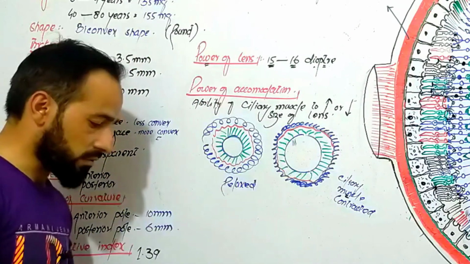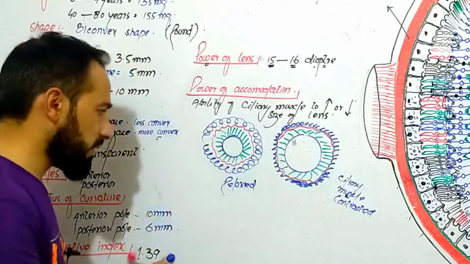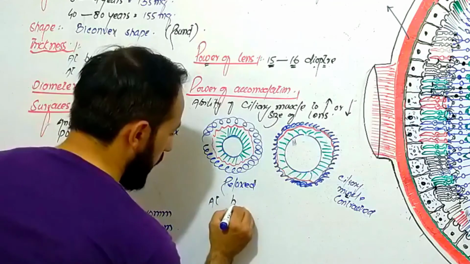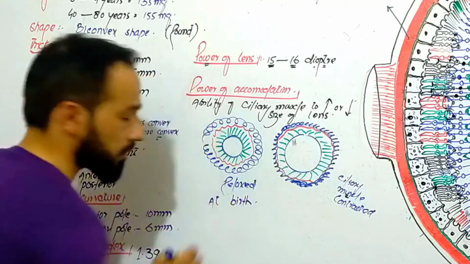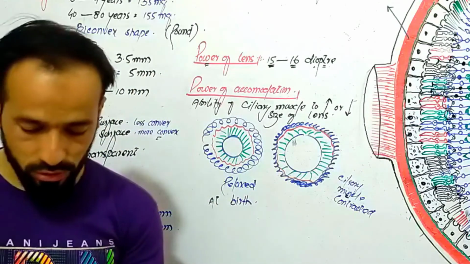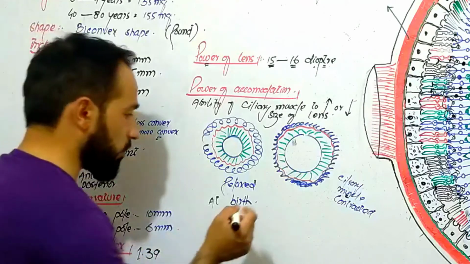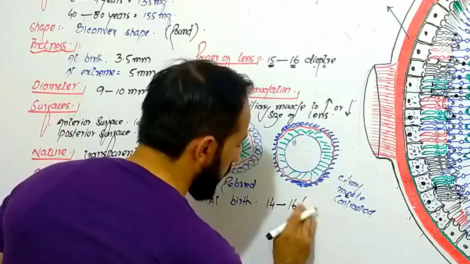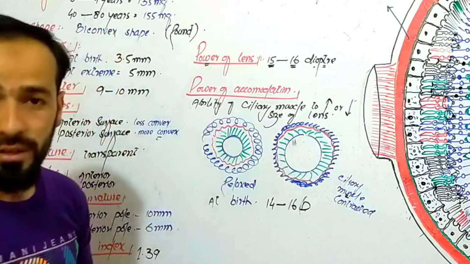And what is the power of accommodation of the lens? We take this at three different ages. What is the power of accommodation at birth? It is about 14 to 16 diopters. I will write just D, which means diopter.